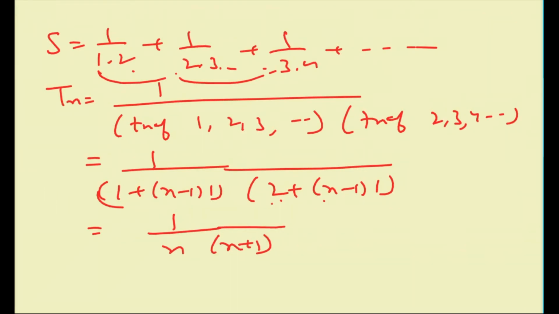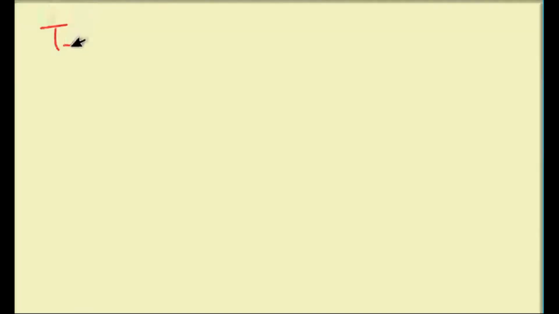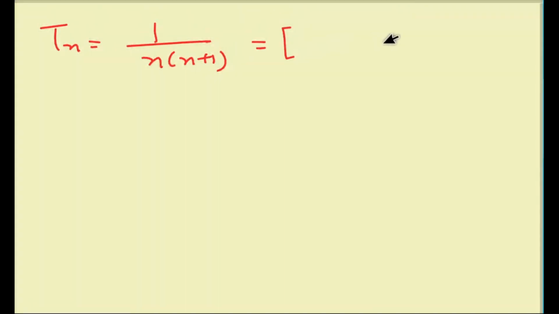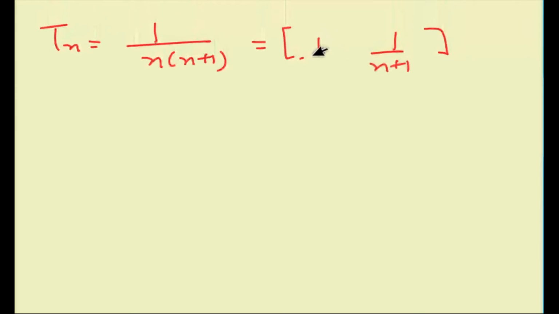After cutting, when we have got Tn, what do we have to do? We have got Tn equal to 1 upon n(n plus 1). Okay, so first we write it in partial fractions: 1 upon n minus 1 upon n plus 1. Using the formula, we can check by taking the LCM: if there is another value, then divide by it.